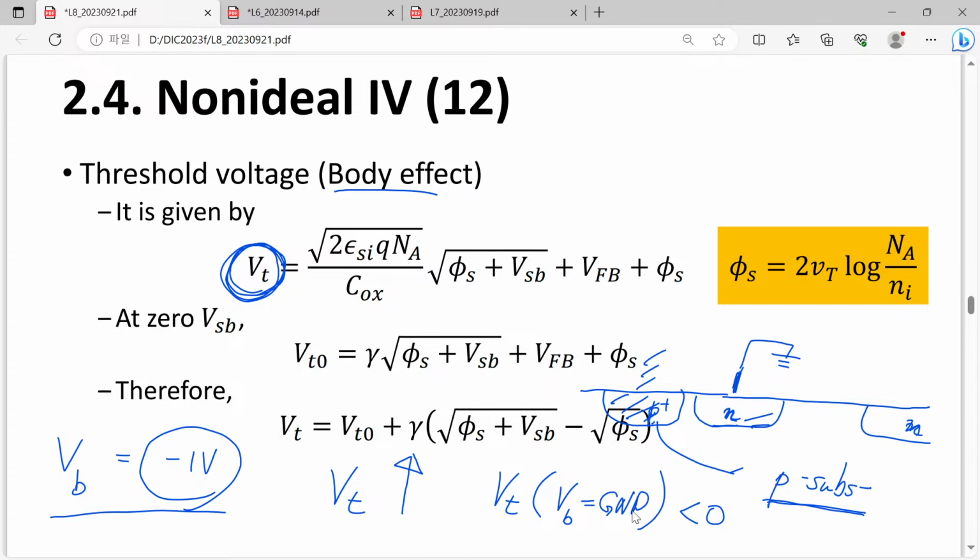So simply speaking, by applying negative voltage to your substrate or body, you can increase the threshold voltage.